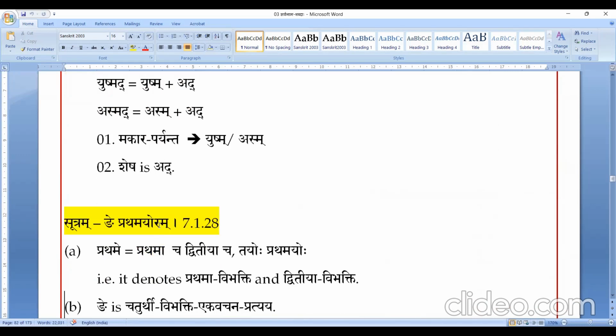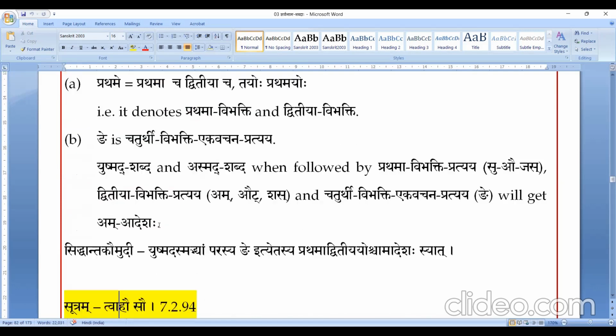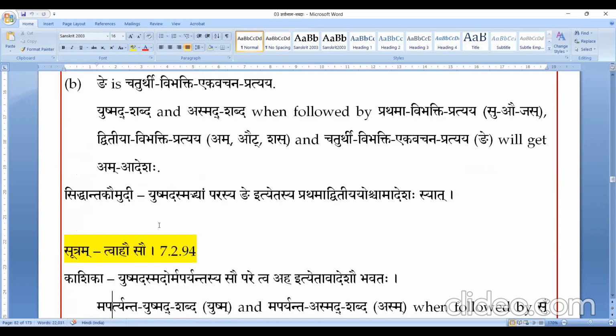Now, these are the first sutra: Nye Pratama Yogo. Nyehe Shashti Vibhakti Lopaha Bhavati. Nyehe Pratama Yogo: Pratama and Dvitiya Vibhakti as well as Chaturthi Vibhakti Pratyaya will take Adesha. First sutra. Then Tvaho, 7 to 94.